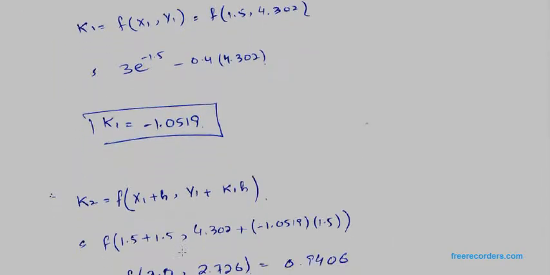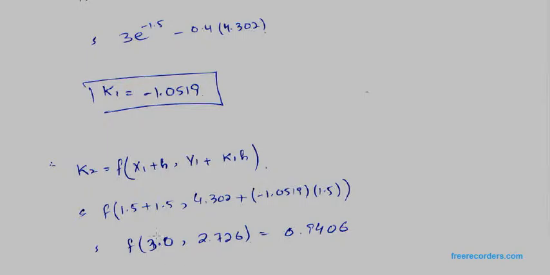And for k2, it is the function at x1 plus h comma y1 plus k1 h. X1 is 1.5, the step size is also 1.5, and y1 we found is 4.302 plus k1, which is minus 1.0519, times the step size of 1.5.